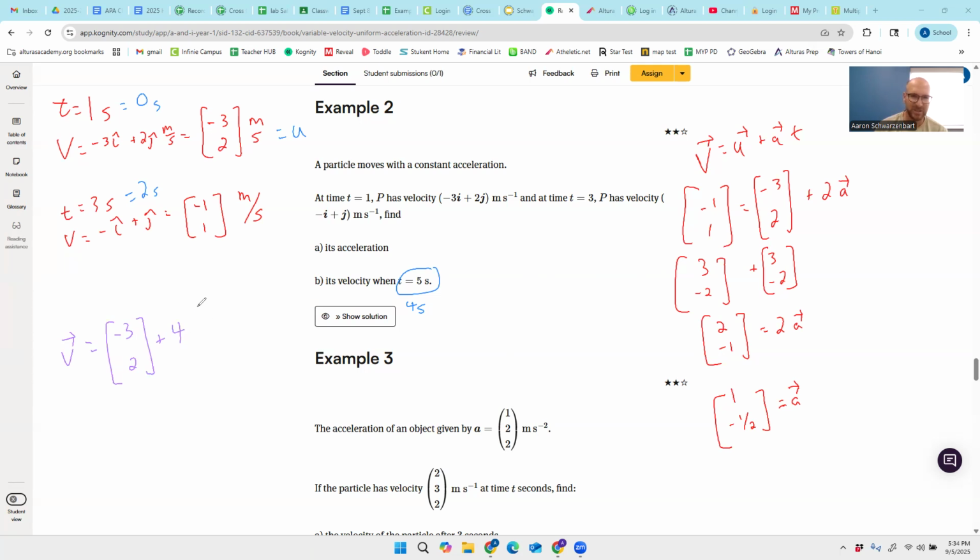So 4 becomes my t. a is 1, negative 1/2. Negative 3 plus 4 times 1 is 1. 2 plus 4 times negative 1/2 is 0.